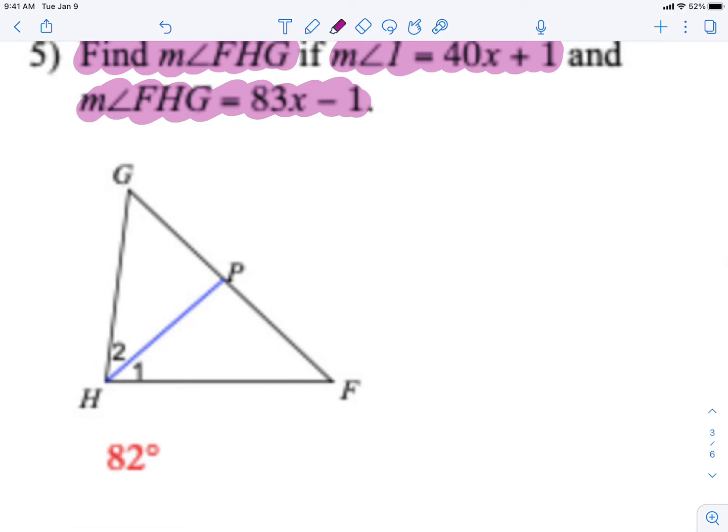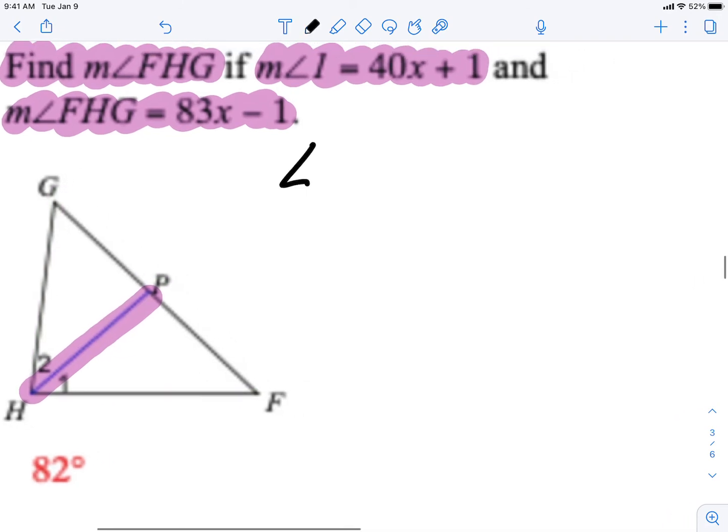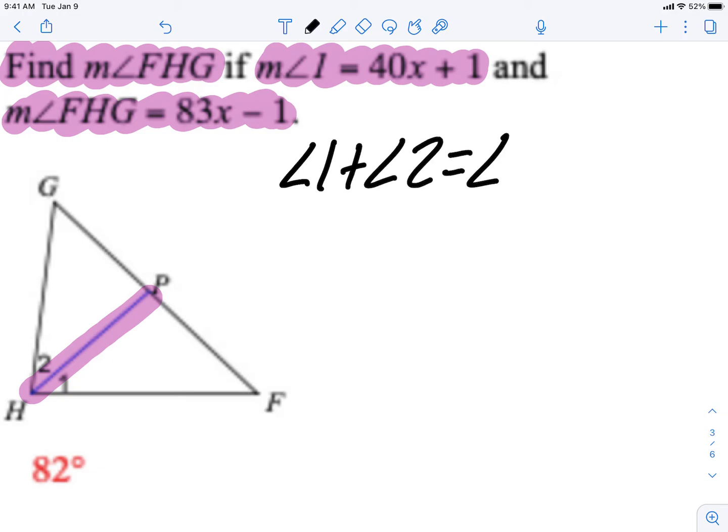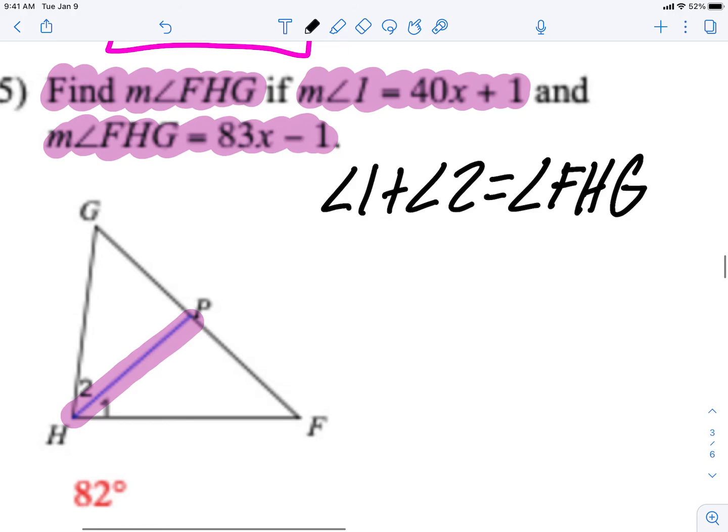Okay, so let us remember the setup. HP is bisecting FHG, right? It's splitting FHG down the middle and creating two angles that are the same. So let us remember that angle 1 plus angle 2 is equal to angle FHG. Angle 1 is equal to angle 2.